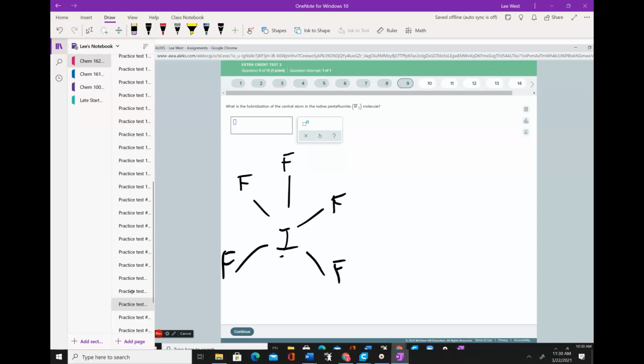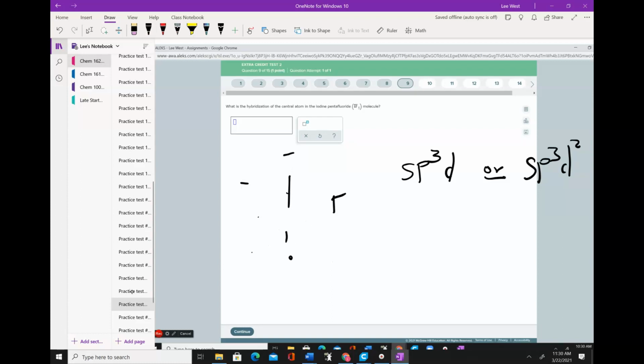We'll have to figure that out in a moment. So there's only 2 possibilities for the hybridization. Either there are 1, 2, 3, 4, 5 electron groups, and the hybridization is sp3d, or there are 6 electron groups, and the hybridization is sp3d2. But we're going to need to get the Lewis diagram to decide that.